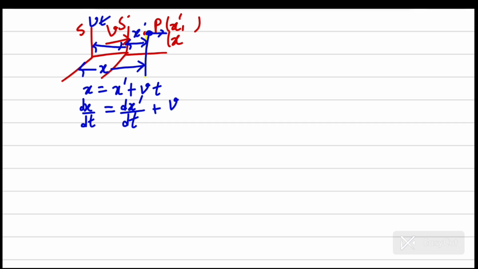points will be absolute everywhere, which is quite contradictory to the concept of special theory of relativity, because in special theory of relativity it is the speed of light which is invariant in every reference frame, but to keep the constancy of or the invariance of this speed of light, the spatial distance and the time interval can be different in different reference frames. So this is the main contradiction between the Galilean transformation and the special theory of relativity.